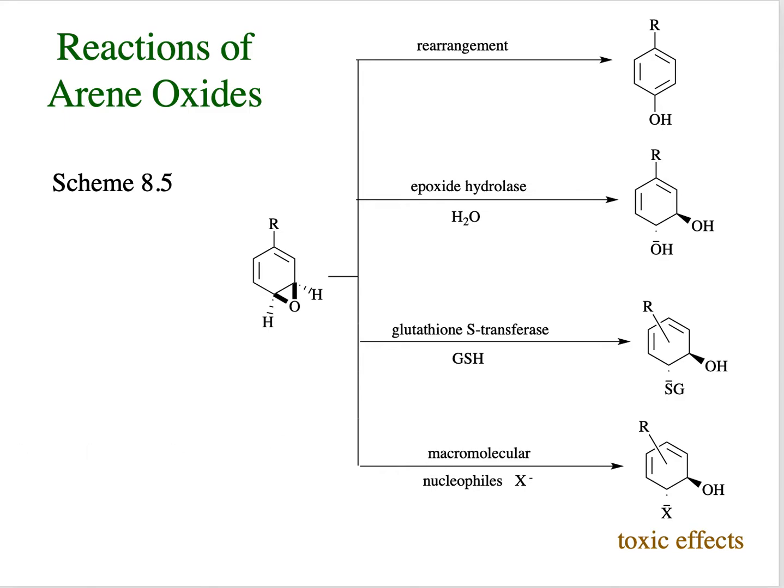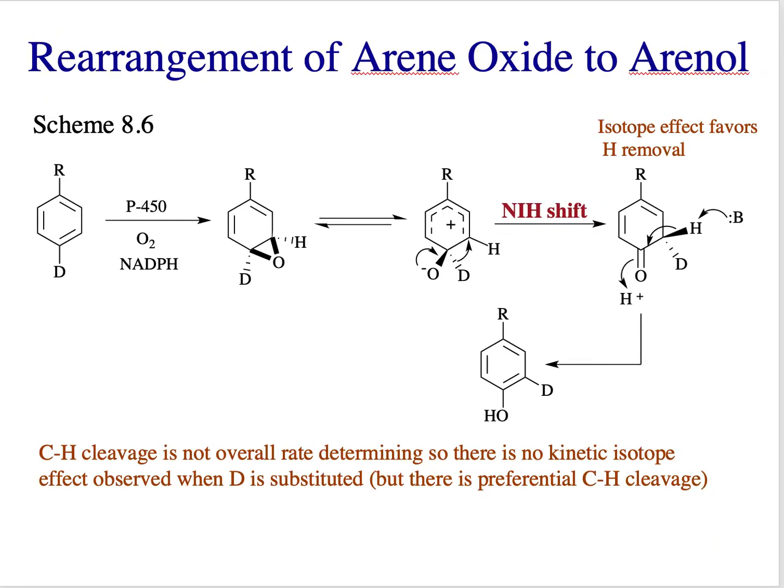If you remember how cigarette smoke causes cancer that we talked about before, this is due to the formation of an arene oxide. We'll talk more about that in a second. So one thing that the arene oxides do is that they can rearrange to phenols.